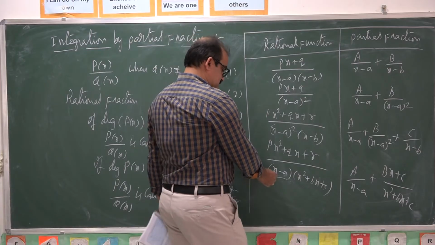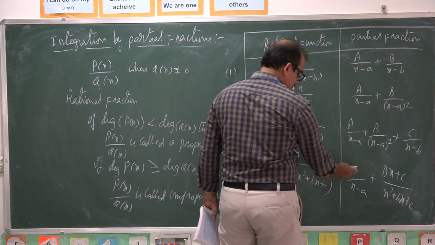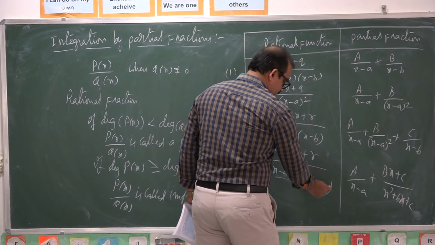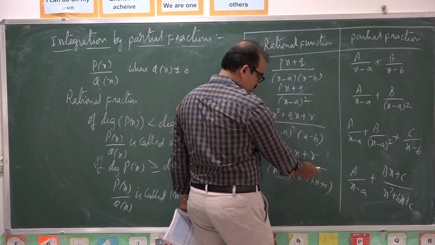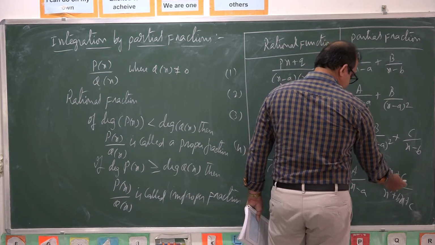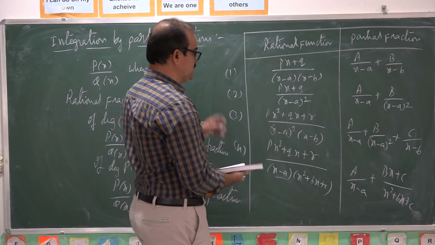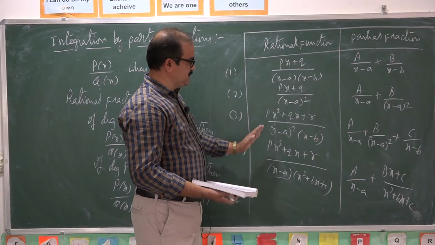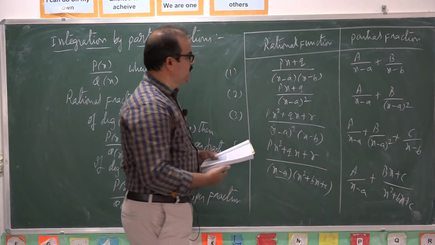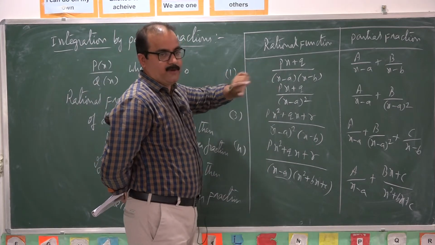You observe the difference. Corresponding to the linear factor x minus a, you get 1 partial fraction, a by x minus a. Corresponding to the irreducible quadratic factor, we get the partial fraction bx plus c by x square plus bx plus c. Based on this, we reduce the rational function into a sum of partial fractions. First of all, we check whether the rational function is proper or not.